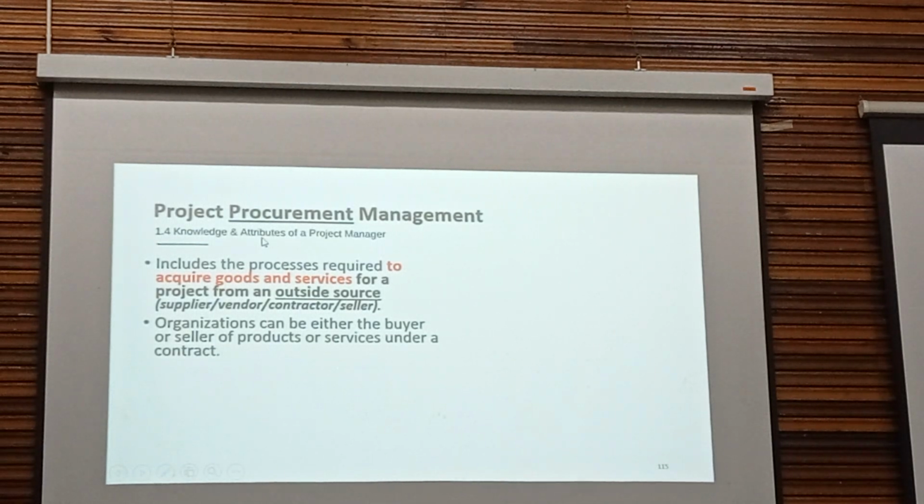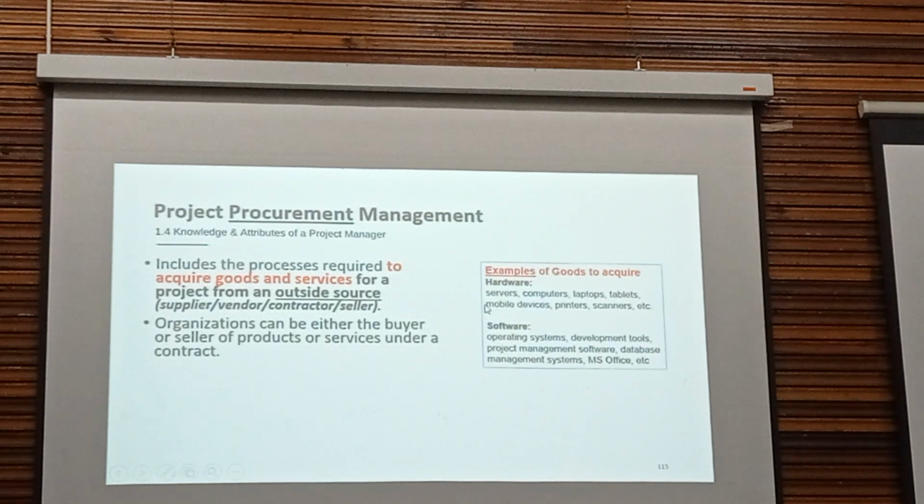Okay, so in a project, you may want to acquire goods and services from outside sources. Examples of goods you may need to acquire are hardware like servers, computers, laptops, tablets, mobile devices, printers, scanners.